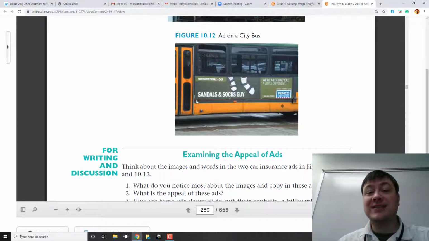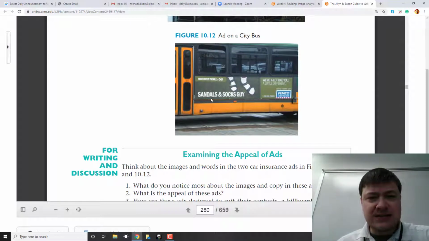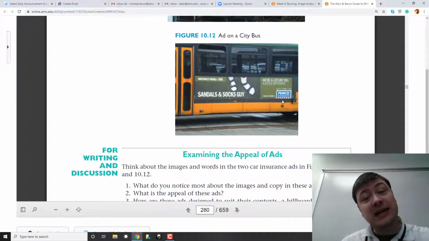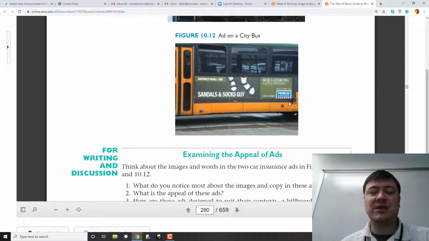They would argue, on the other hand, this is an ineffective ad. This is on a bus, so you have 3 or 4 seconds max to grab what this is all about. The first thing your eyes are drawn to is the socks and sandals, and it says sandals and socks guy, and oh wait, the bus drove away, right? But even if you did catch it, and then you're like, insurance, you're left with, wait, what does socks and sandals guy have to do with insurance?